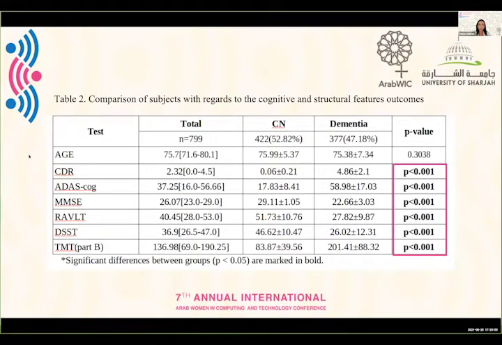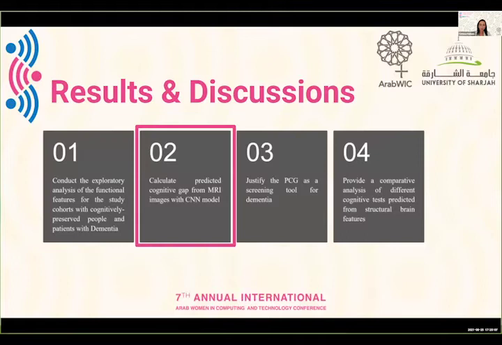However, in terms of age, they are not, which makes our prediction more or less fair. Then we moved to the second objective, which is to calculate the predicted cognitive gap from MRI images with our designed regression model.